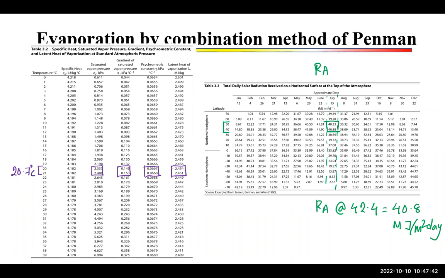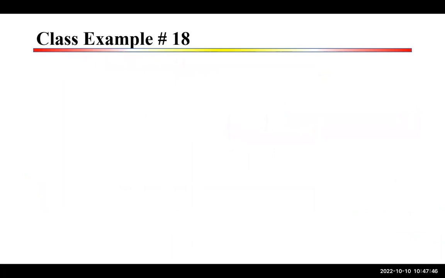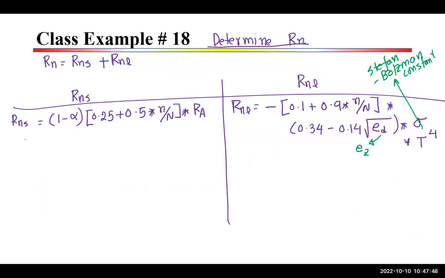Everyone? Okay. So very quickly, I will use all the values I have here. Now, you tell me what will be the alpha? 0.23. I will just make a note: 0.23 for crops, 0.08 for water, right?